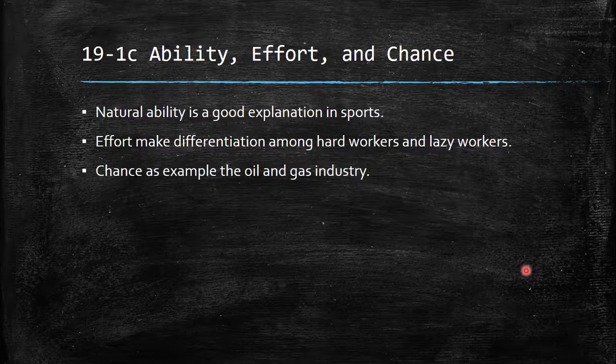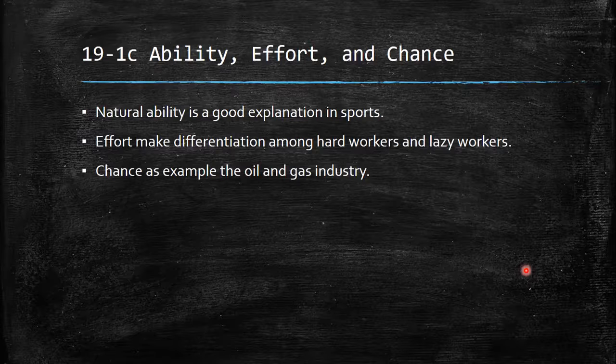For example, the oil and gas industry. You start to study as a petroleum engineer. When you get your degree, the price of the barrel is $100. This is chance. You are receiving great benefits. Maybe you don't have that chance.